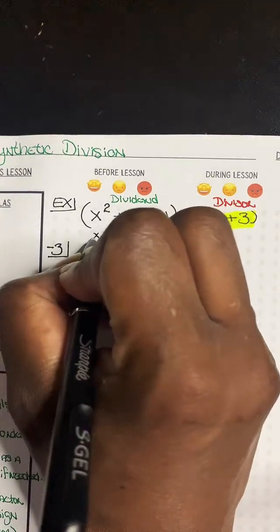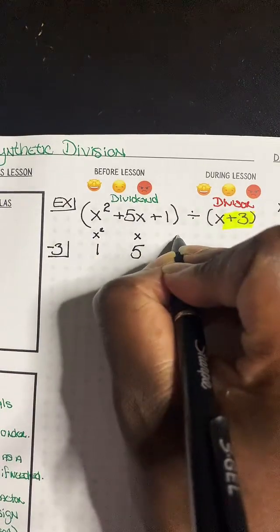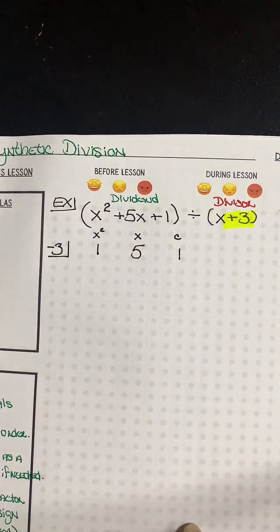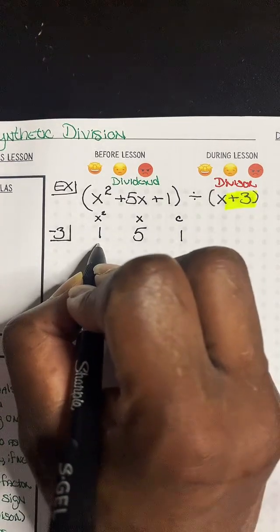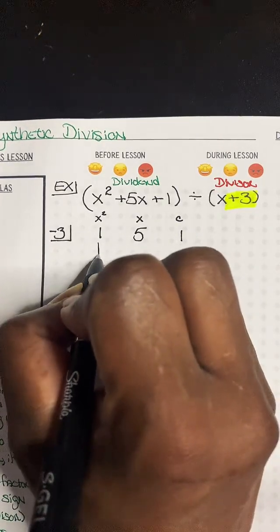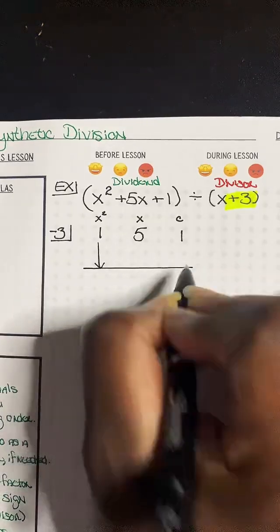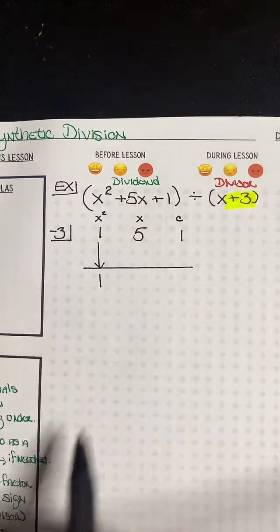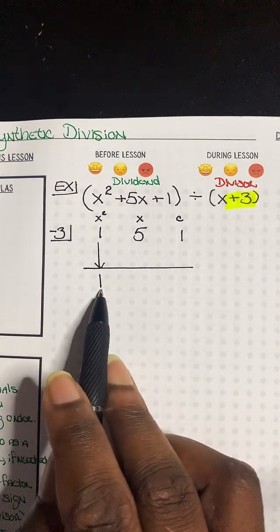So this is representing my x squared, this is representing my x, and this is representing my constant. So now, this is what's going to happen. Your very first term always comes down. So we always start off with the first term down below.